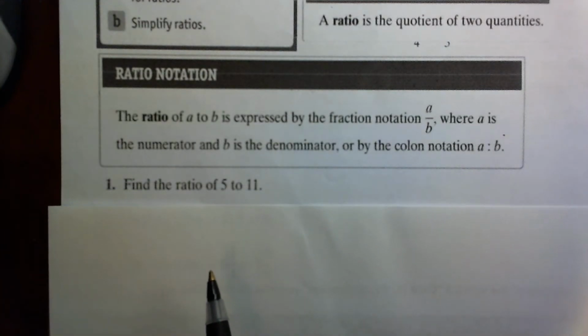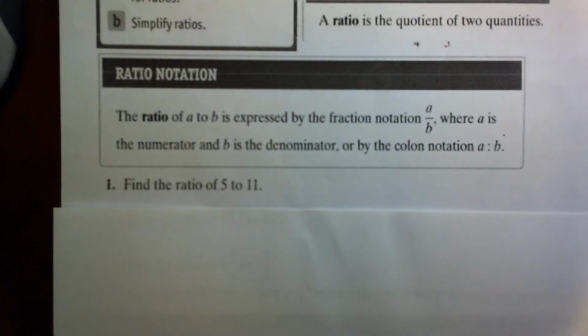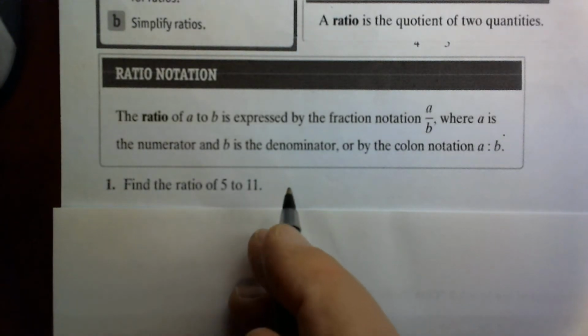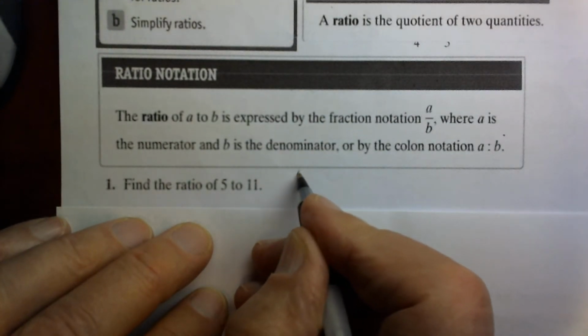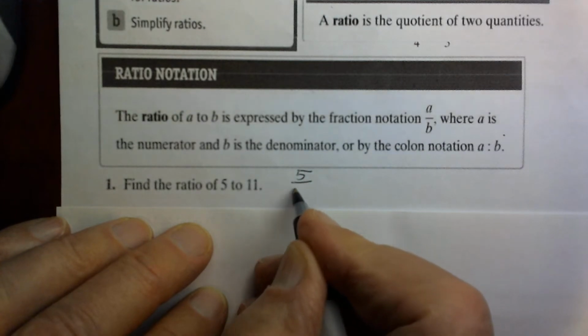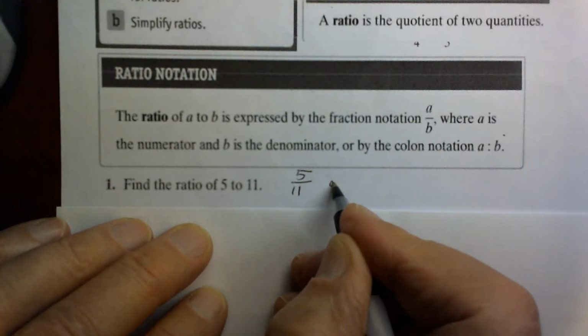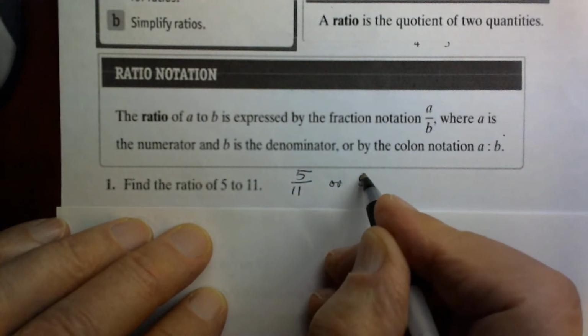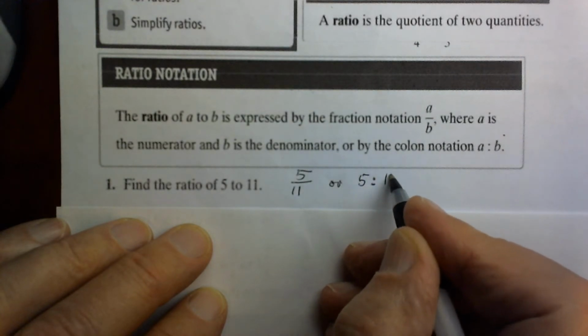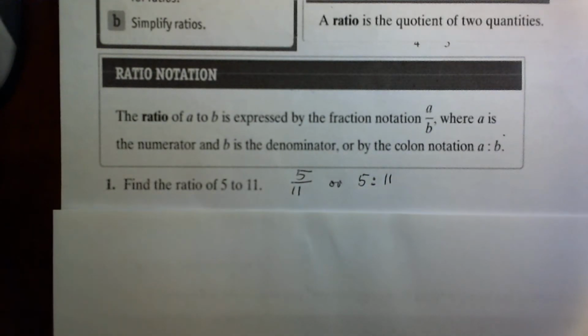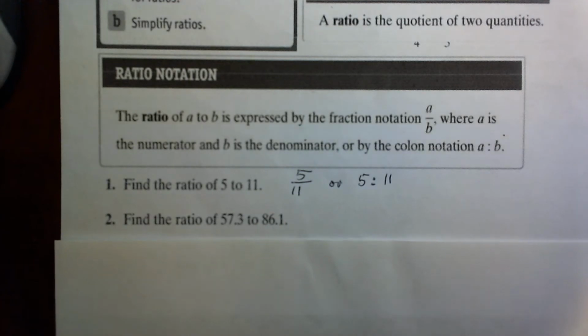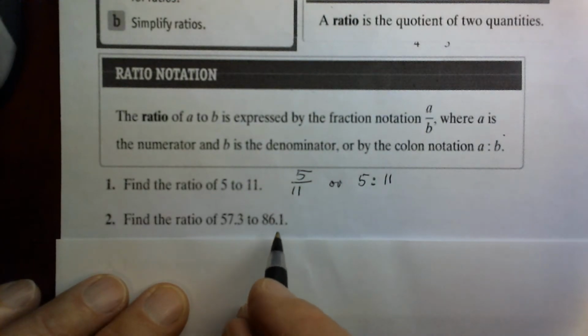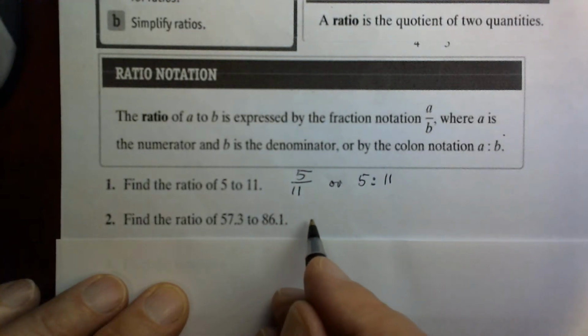So let's do that right away for some exercises here. Find the ratio of 5 to 11. We can write it in fraction notation, 5 divided by 11, or 5 to 11. So it's very simple, very easy. Similarly for exercise number 2, the ratio of 57.3 to 86.1.